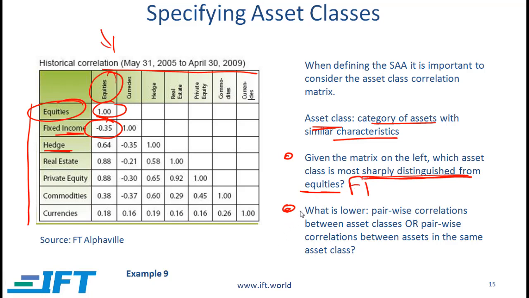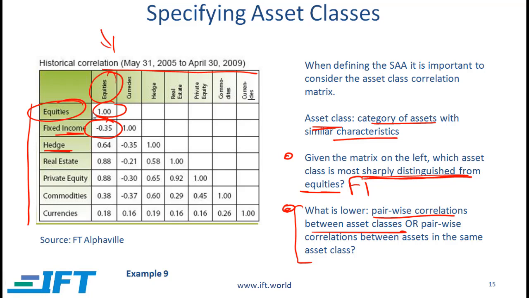Another important point that is illustrated through this question. What is lower, the pairwise correlations between asset classes or pairwise correlations between assets in the same asset class? Clearly, this is going to be lower. Asset classes by definition have different attributes and characteristics.